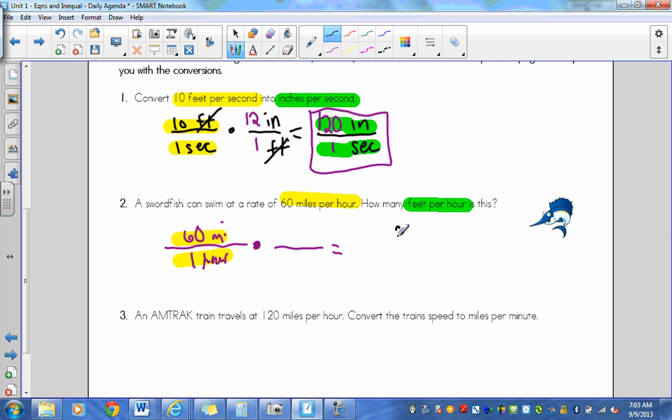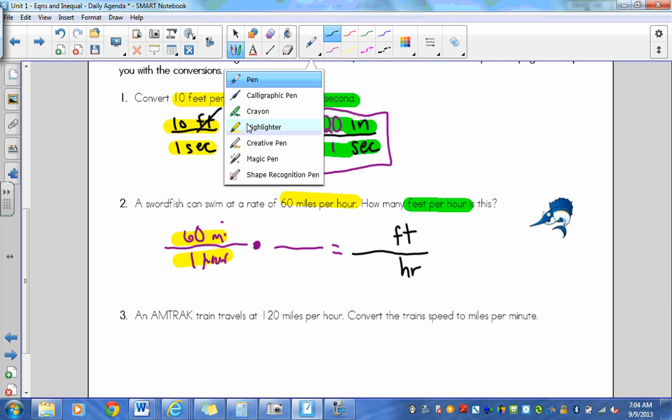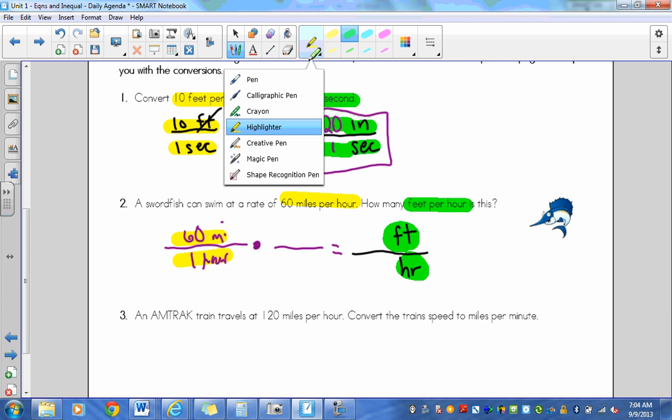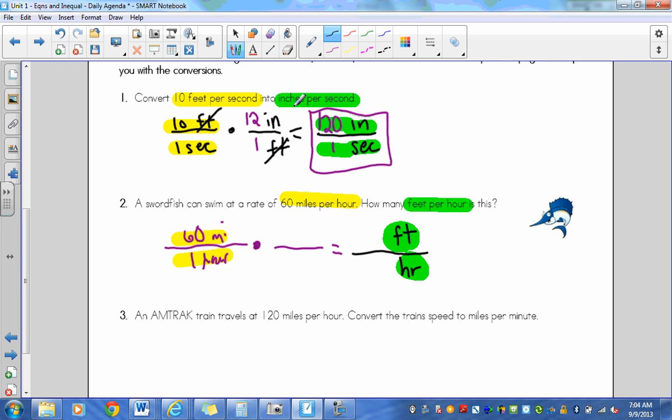And then I need it to become in feet per hour. It looks like the hour doesn't change, so I'm not going to mess with the hours. The miles need to be canceled, so they've got to go on the diagonal, and the feet needs to go on top because that's what I have to end up with. Well, what do I know with feet and miles?